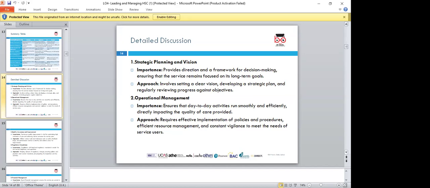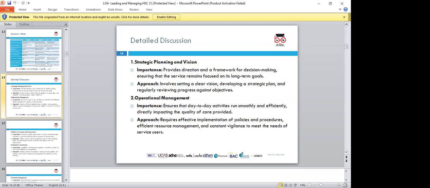Operational management, you are looking at the day-to-day activities of the organization. So really, the situational issues that come. We spoke about situational leadership yesterday. So situational issues that come day to day, you are putting into practice, making sure that things run on a day-to-day basis.